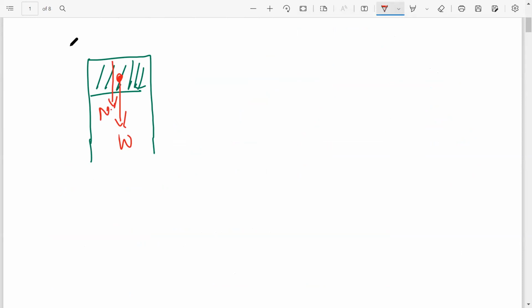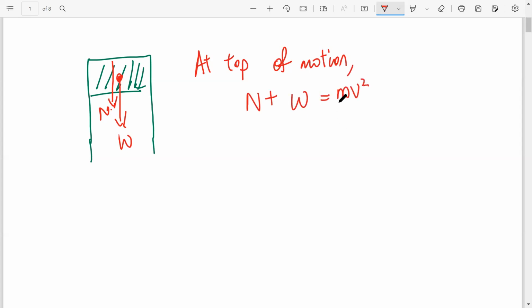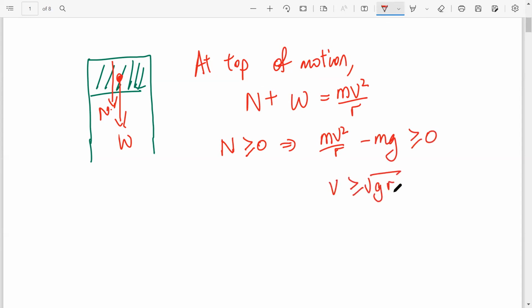So when we are rotating at the top of the motion, N plus W equals mv squared over r. When we need N to be greater than or equal to 0, it means that mv squared over r minus the weight, which is mg, must be greater than or equal to 0, and you rearrange: v is greater than or equal to square root of gr.